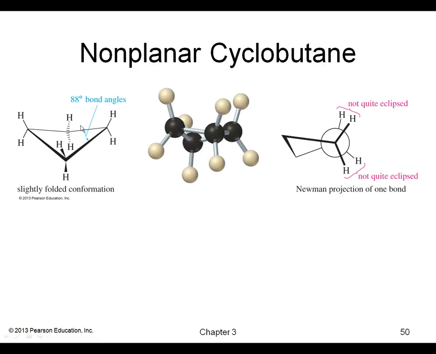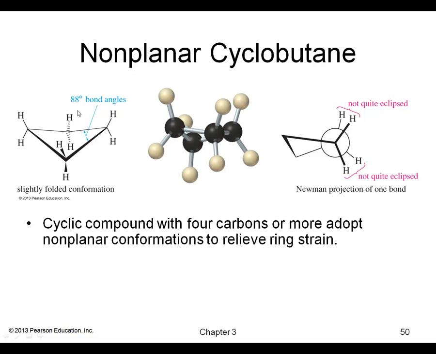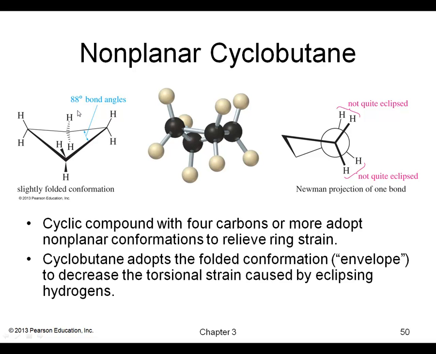So as a result, it likes to bend, not be flat, to get rid of some of the eclipsing strain and help out with the bond angles as well. So as we'll see, molecules tend not to be flat in their cyclic structure to relieve this ring strain.